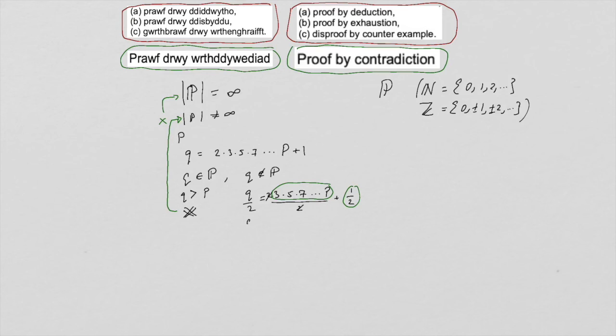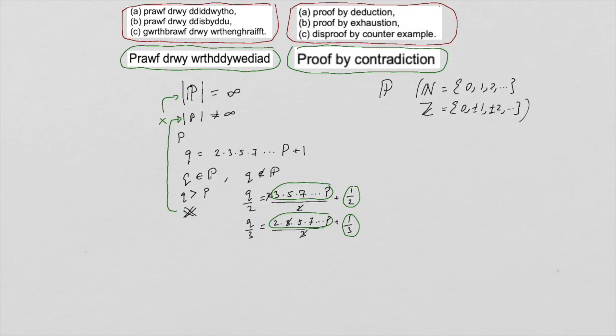So what about 3? Well, this time if we divide by 3, then the 3 cancels there. So again, we have a whole number here, but we have an extra third. So Q doesn't divide by 3.